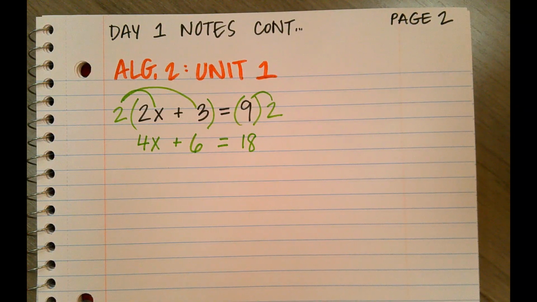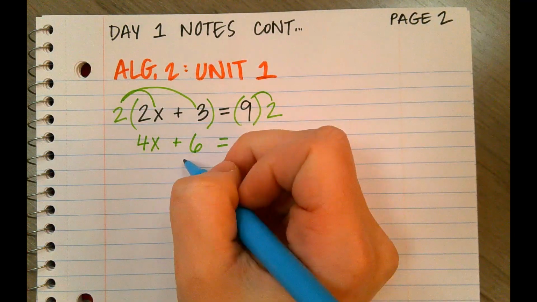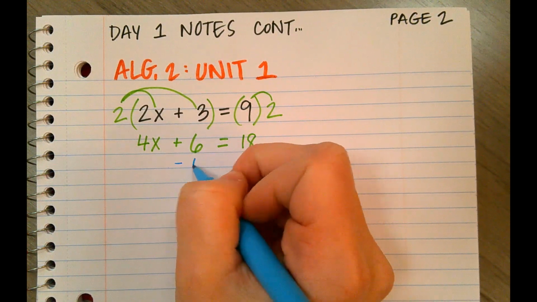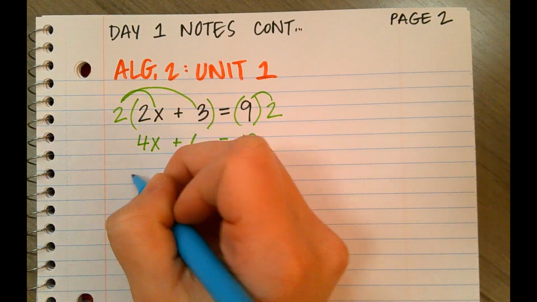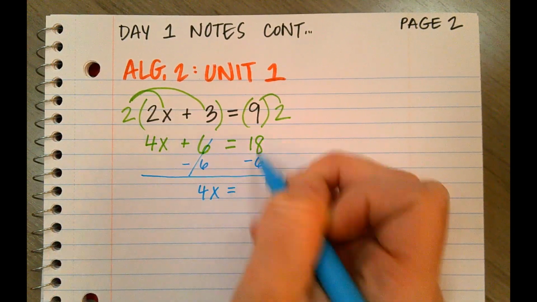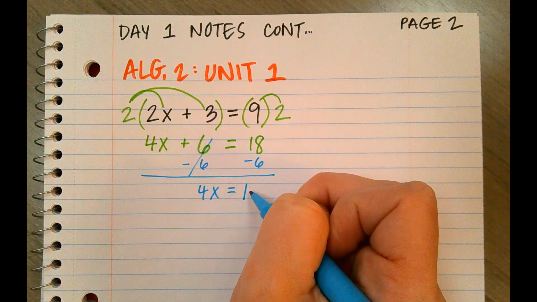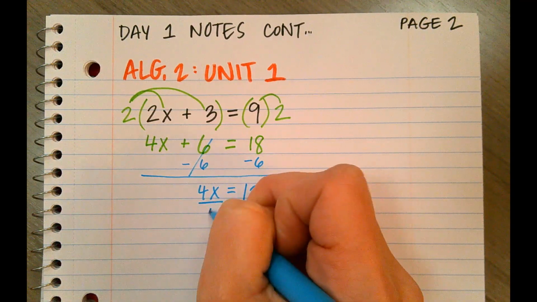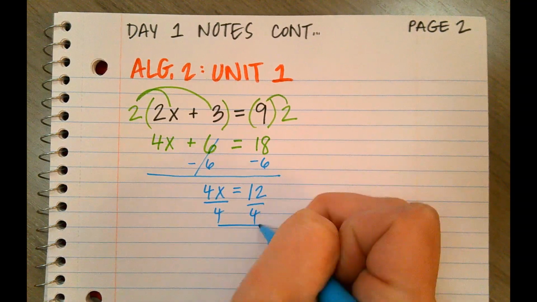So let's solve them real fast. I'll bring down 4x equals 18 minus 6. What's that, 12? Okay, 12. Yeah, x is 3.